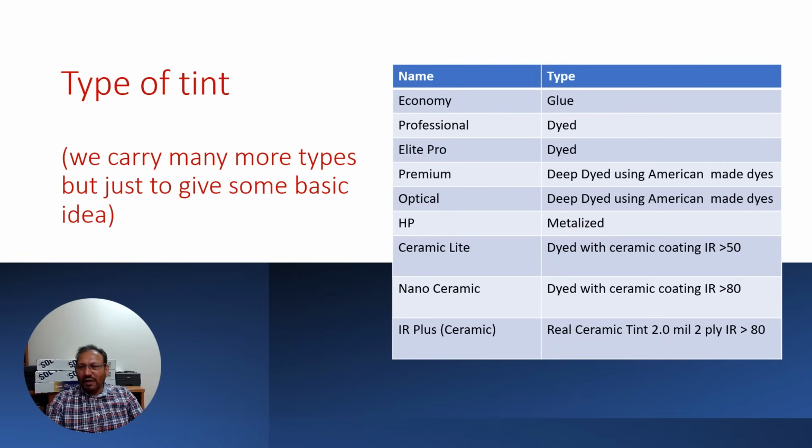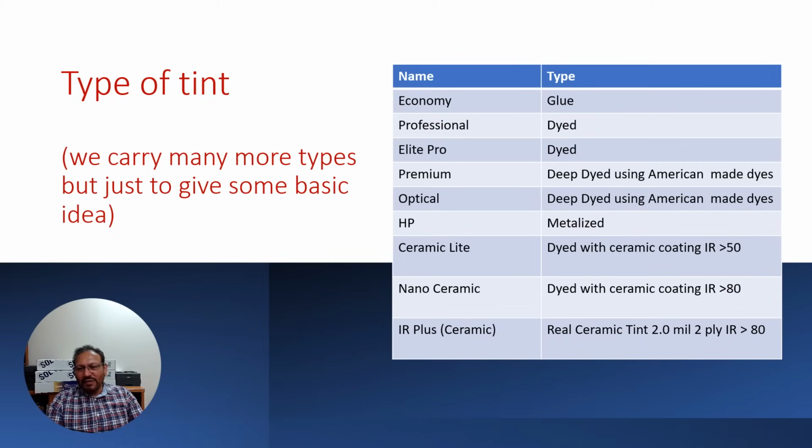So the clarity of the film is very good. The life of the tint is very good. The heat rejection of the film is very good. The UV rejection of the film is very good. And the best part is, after 6 years, 7 years, the measuring of the UV rays, the heat rejection, the quality remains the same. Same thing with Optical, same with HP, and same with IR ceramic.